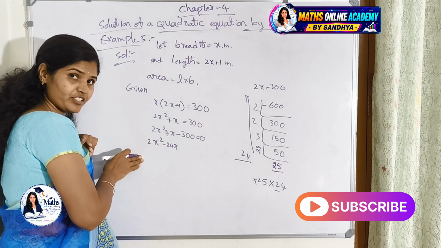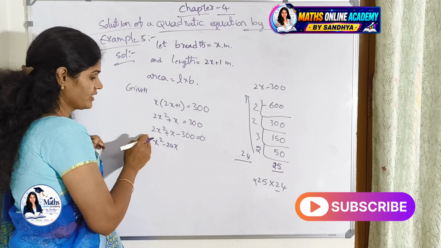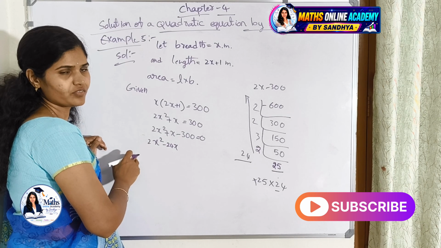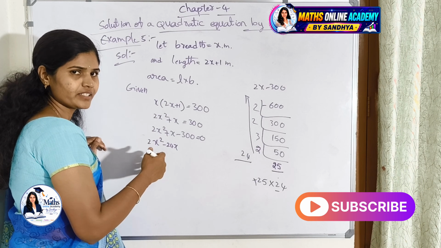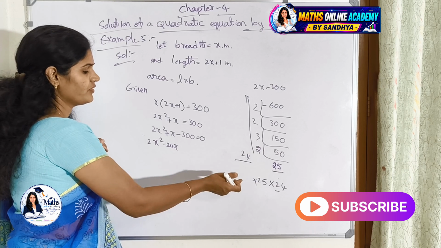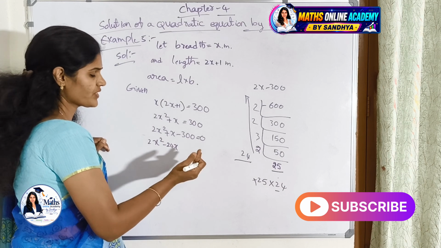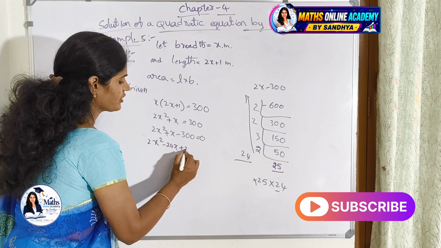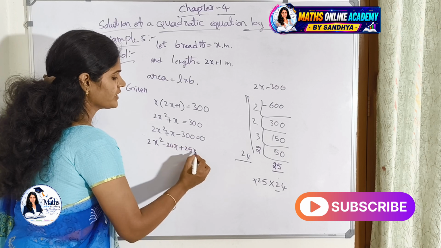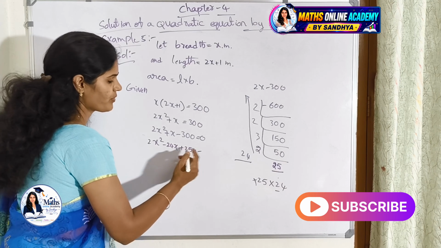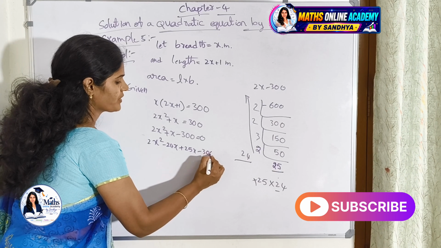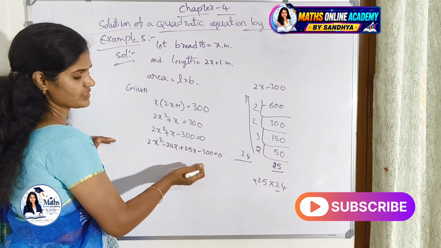Why am I taking minus 24x this side? Because when taking common factors it is good. When you take 25 here it is very difficult; if you take 25x you can easily take the 25 table common. That's why I'm taking this one on that side, that one on this side.